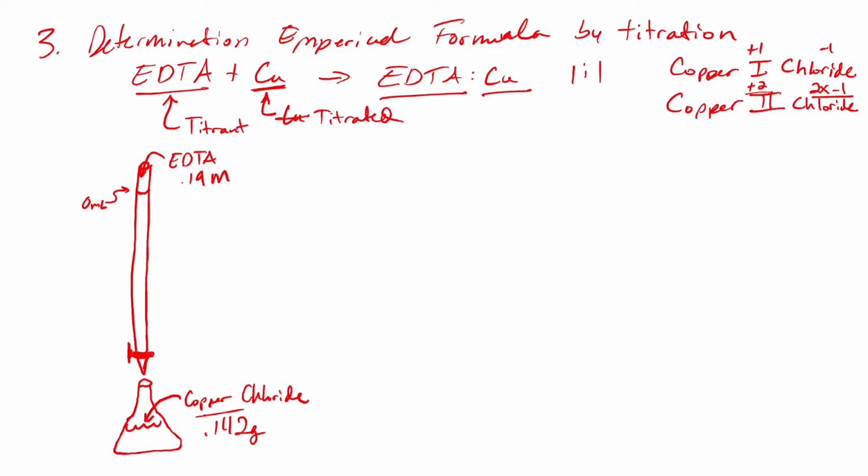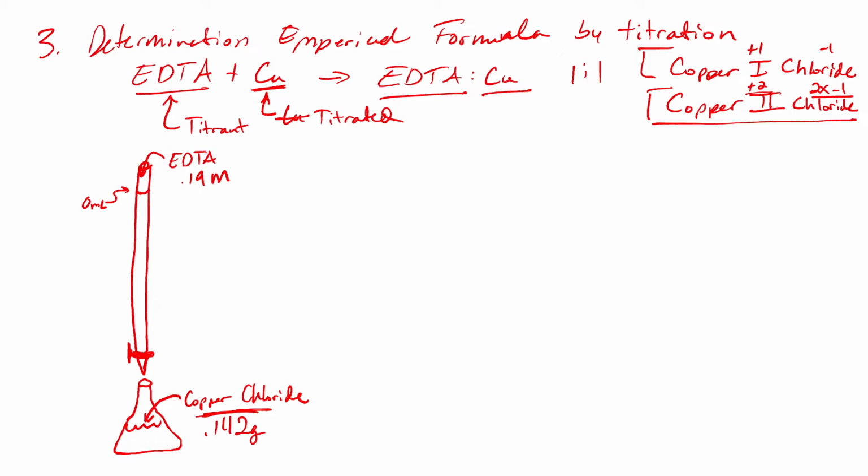And honestly, whenever you're doing an experiment, I don't know whether the instructor gave you copper 1 chloride or copper 2 chloride. You just have to go through the titration and figure out which one you got. And so the question is, which kind of copper chloride do you have? Do you have copper 1 chloride or copper 2 chloride? And this is how you figure it out.